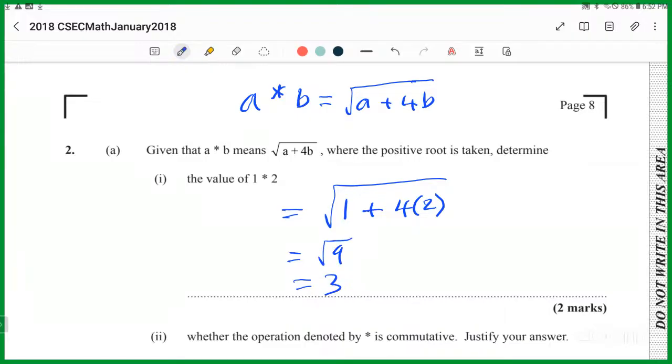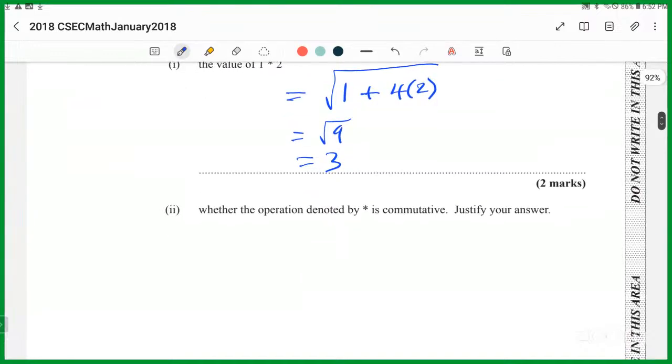Alright, down here now, it's asking us to determine whether the operation denoted by star, which is called a binary operation, is commutative. Now the word commutative is the word that is used when an operation gives the same value if you switch the order of the operation.